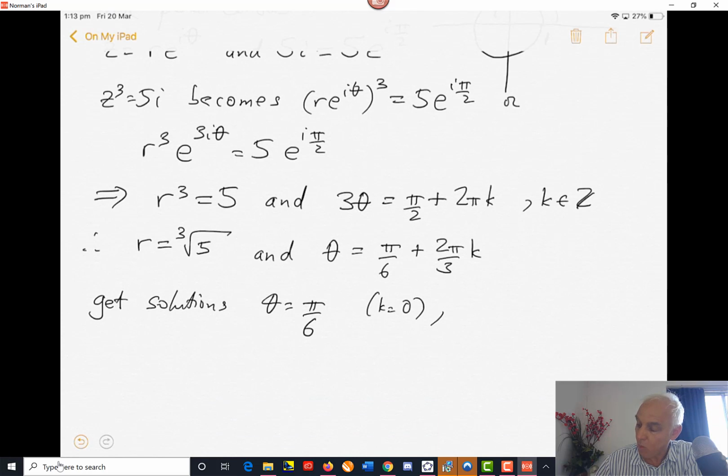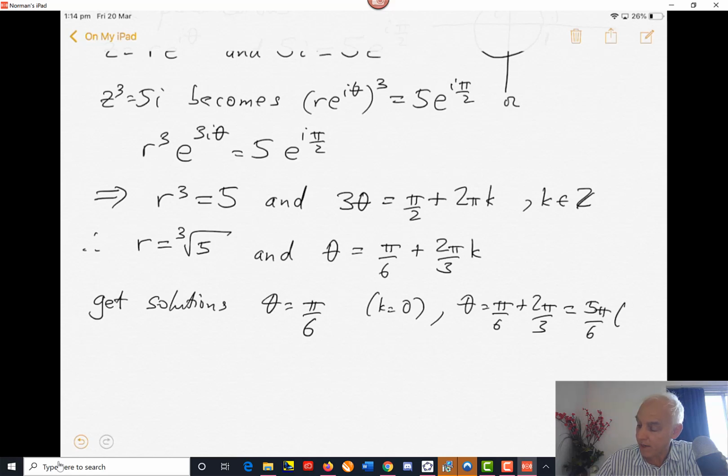When k equals 1, theta equals pi over 6 plus 2 pi on 3, which in terms of sixths is pi over 6 plus 4 pi on 6, altogether 5 pi on 6.